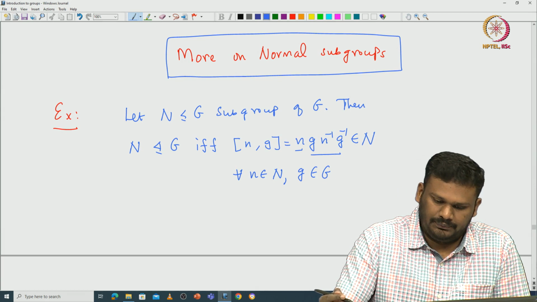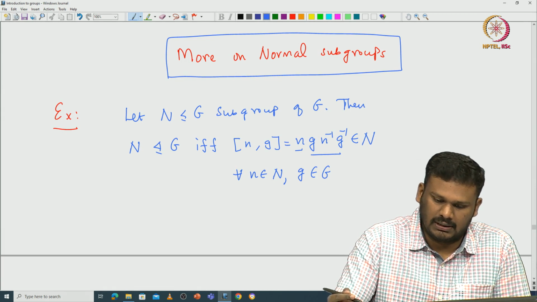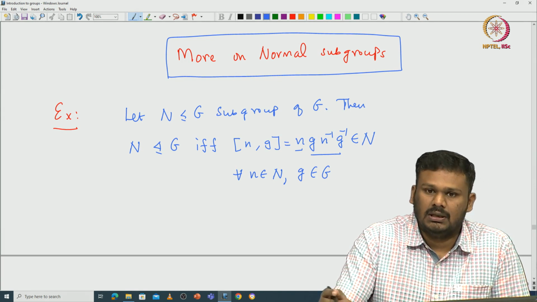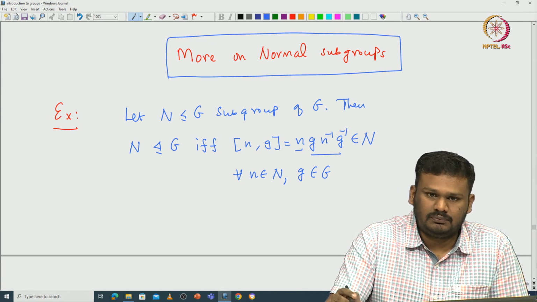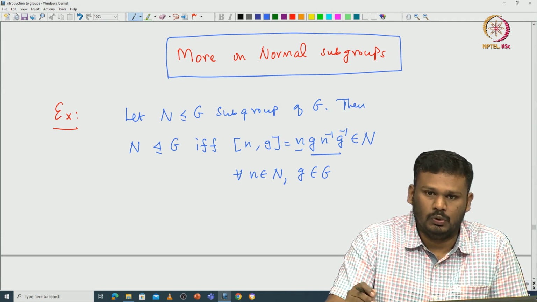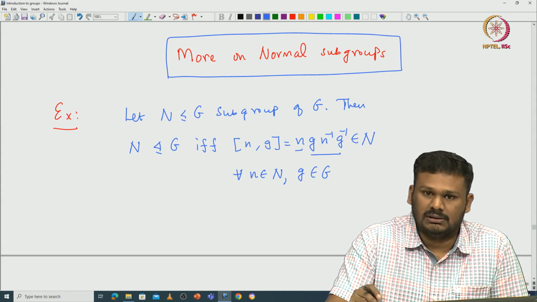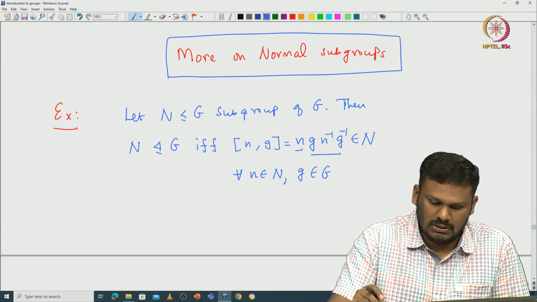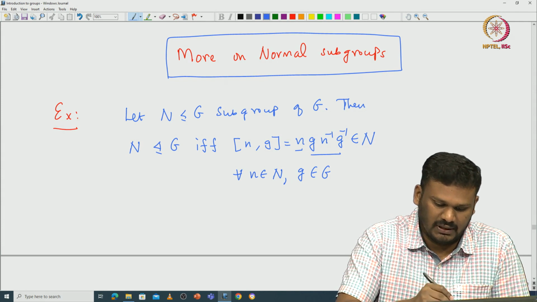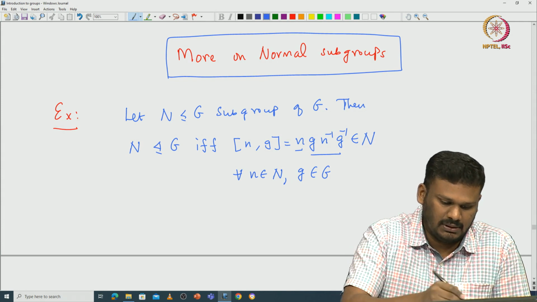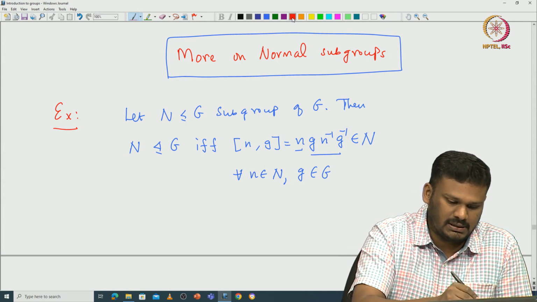Now this can also be reinterpreted in terms of commutativity of two elements, up to this subgroup capital N. I will write down the exercise, maybe this is the first exercise.